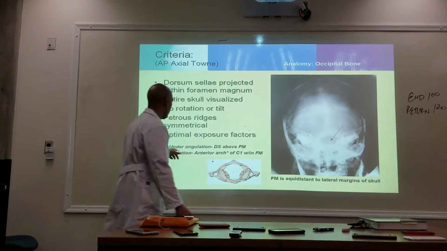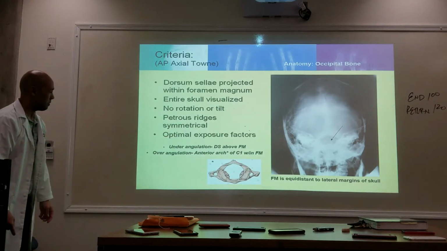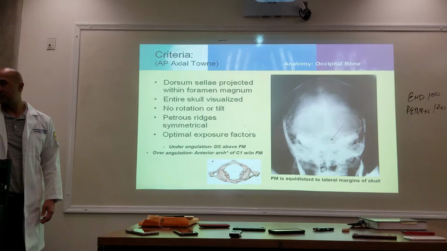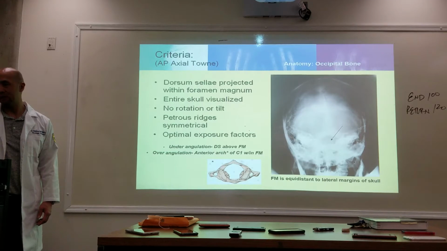Okay, so that's underangulation. If we have overangulation, instead of seeing the dorsum sellae, you're going to see the arch of C1. That's why I put this picture up here. You guys don't have it on your slide, so I put this up here for your reference. So this front part is going to be projected inside the foramen magnum.